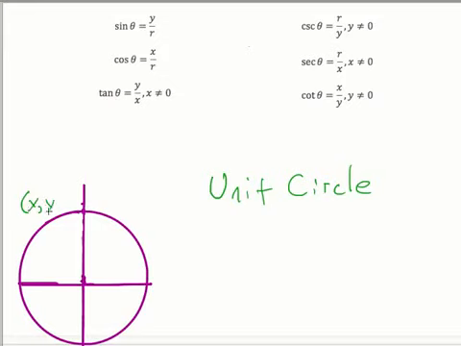Now on a unit circle, because the radius is 1, that means the distance from any point to the origin is also 1. That changes our functions a little bit in their definitions. It simplifies them. So sine theta instead of y over r just becomes sine theta equals plain old y.